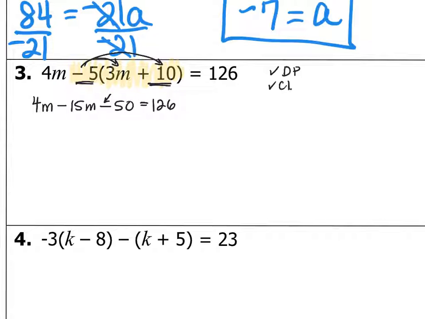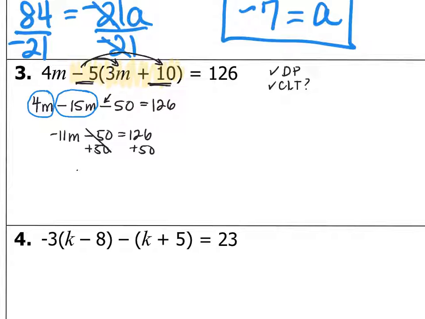Now I'm going to check to see if I can combine like terms, which I can. I have like terms of 4m minus 15m. 4 take away 15 is negative 11. m minus 50, that's equal to 126. Add 50 to both sides to start isolating our variable. 126 plus 50 is 176.